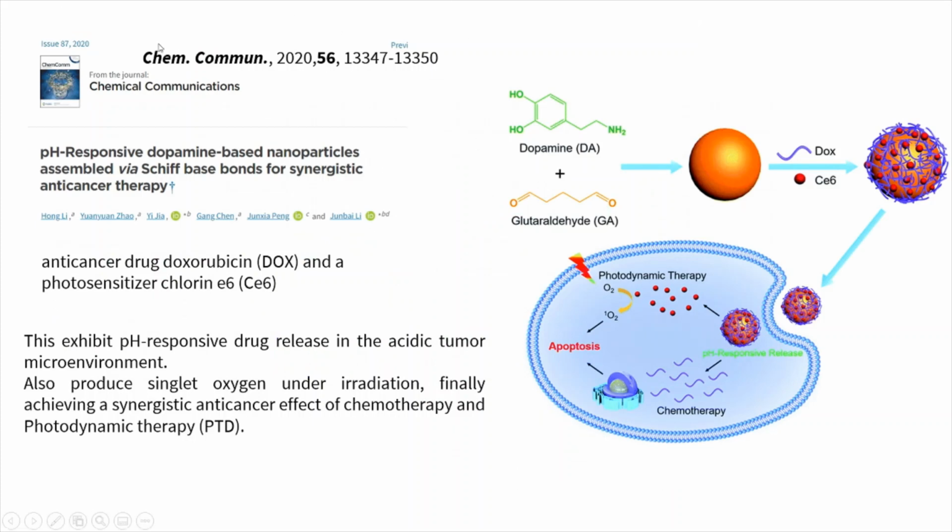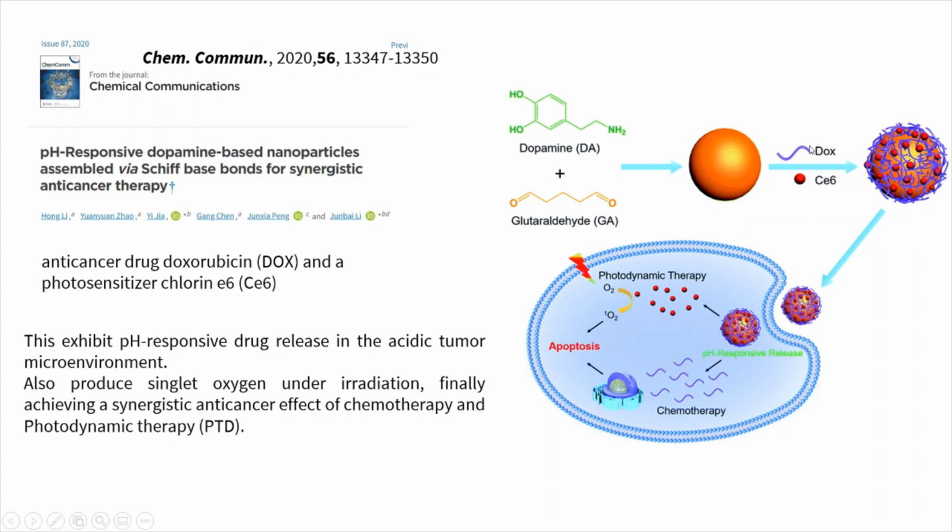This is another interesting paper, published in Chem Communications. It is also based on the Schiff-base reaction. So they use dopamine and glutaraldehyde as an aldehyde to form this spherical compound, and then they use the anti-cancer drug doxorubicin, shown as DOX, with a linker, and a photosensitizer called chlorin e6, or in short Ce6.